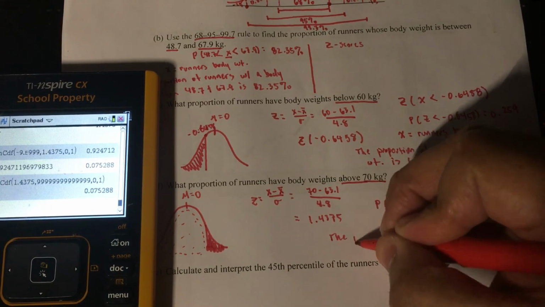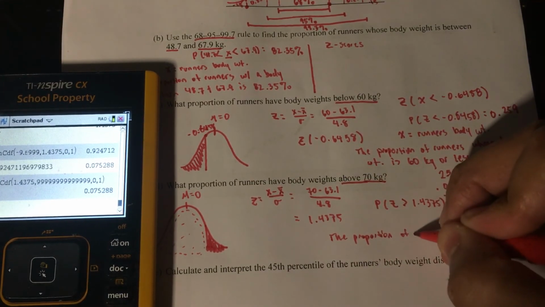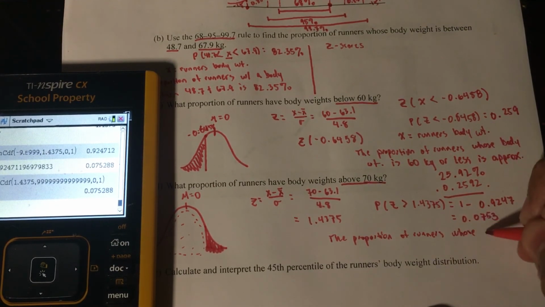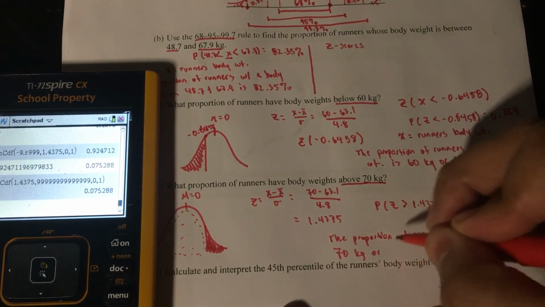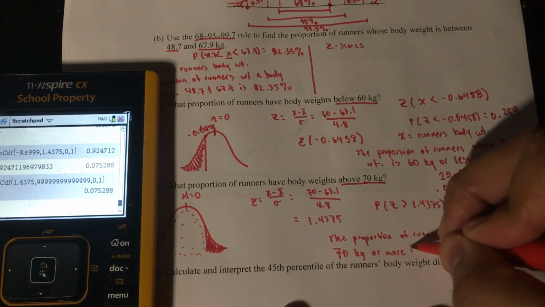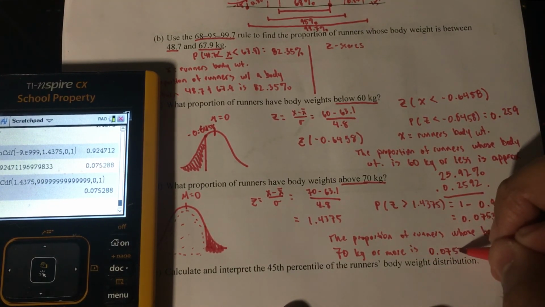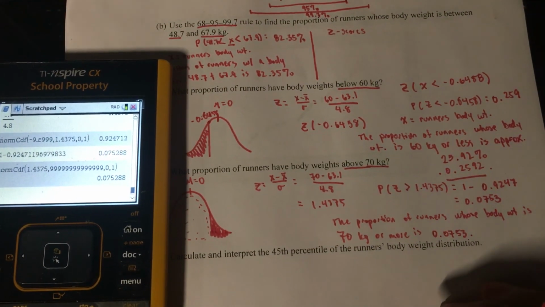So the proportion of runners whose body weight is 70 kilograms or more is 0.0753. Okay, so that's it for this video, guys. Look out for the next one.